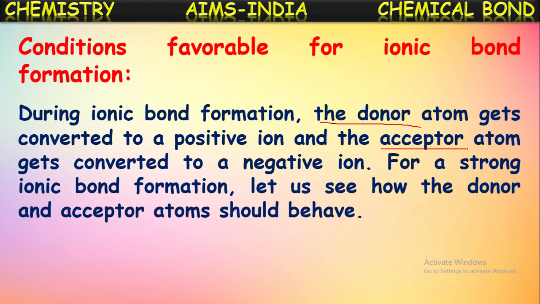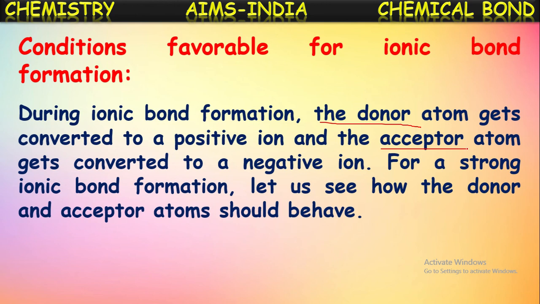So, for a strong ionic bond formation, let us see how the donor and acceptor atoms should behave. What properties should donors and acceptors have to form a strong ionic bond? We know an ionic bond is formed when atoms transfer electrons from one to another. When one or more electrons are transferred between two atoms, there occurs a force of attraction between those oppositely charged ions formed.